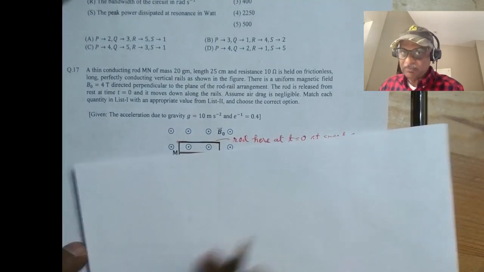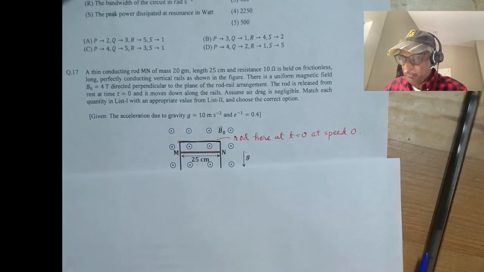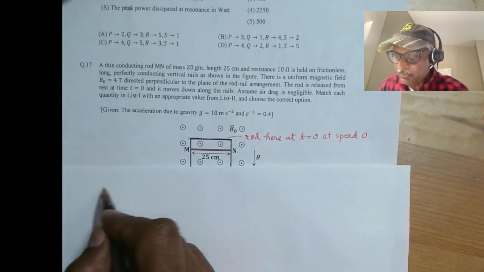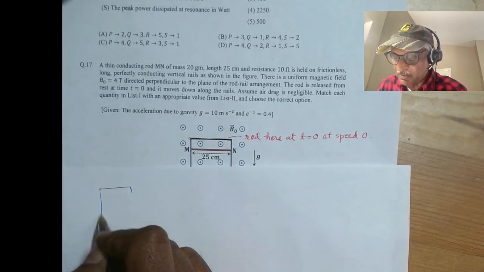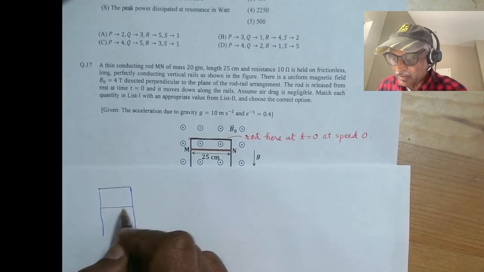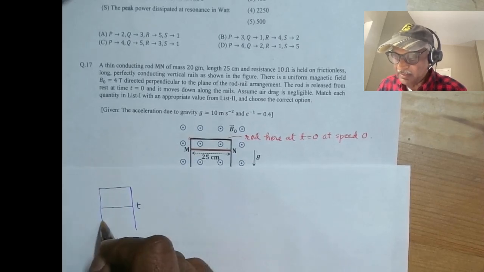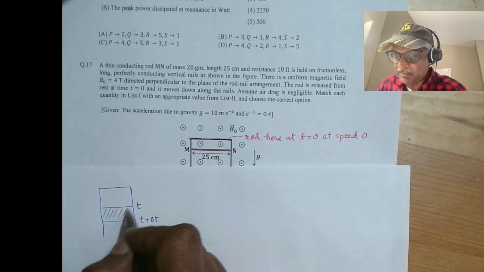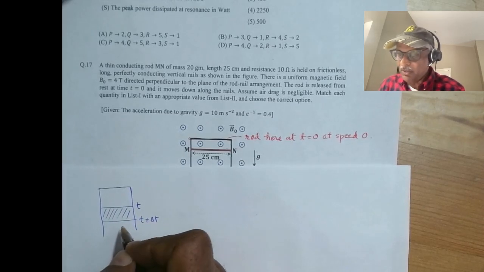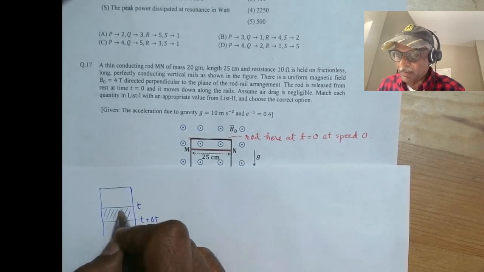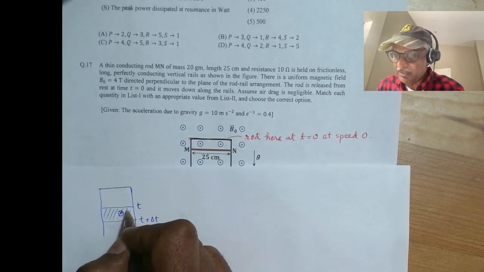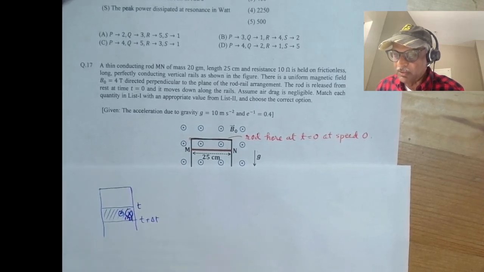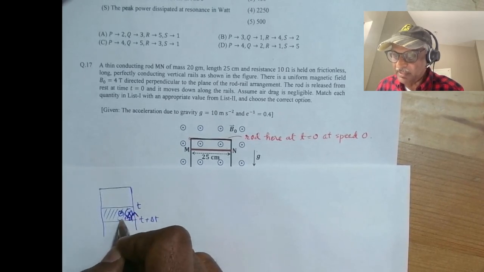At time t and then at t plus delta t, you get this much more area, so more flux coming in. That means the induced field has to be like this, so the current will be this way.